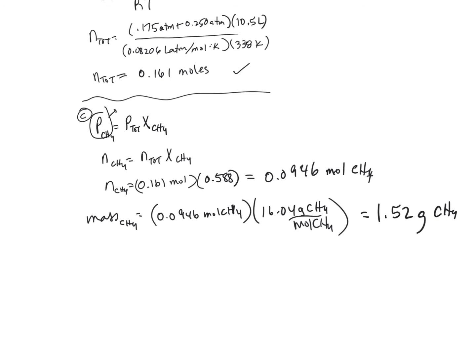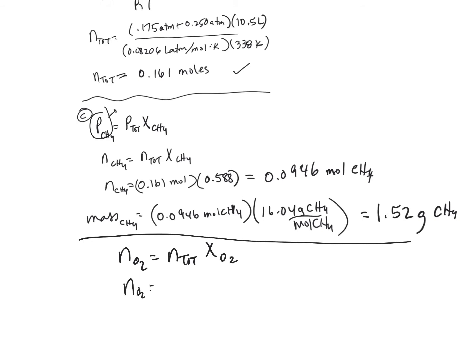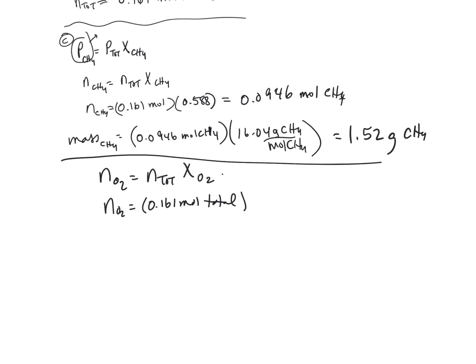We would say that the moles of O2 will be equal to N total times the mole fraction of O2, and N total is 0.161 times the mole fraction of O2, hold on, mole fraction of O2 is 0.412, whoops.